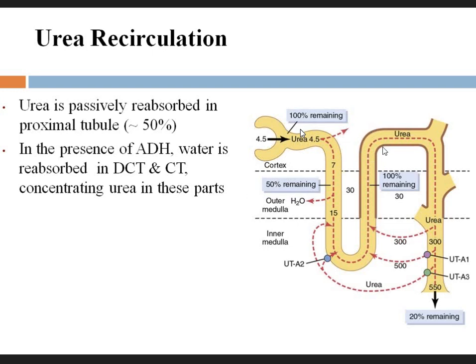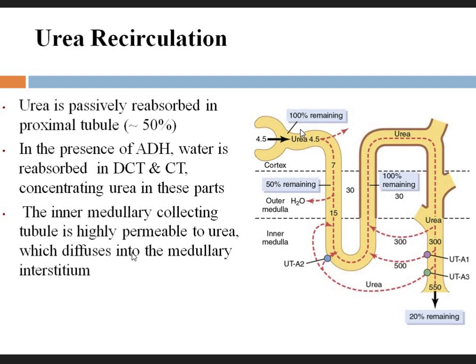So when the filtrate passes to the DCT and collecting ducts, due to the action of ADH, water is reabsorbed, and when water gets reabsorbed, the substances present here get concentrated. So urea gets concentrated in this portion. The medullary portion of the collecting ducts is very much concentrated as far as urea is concerned.